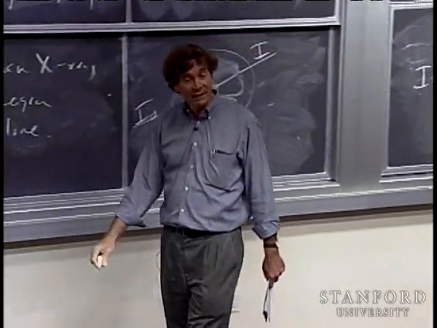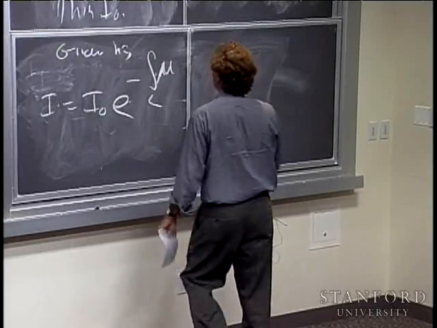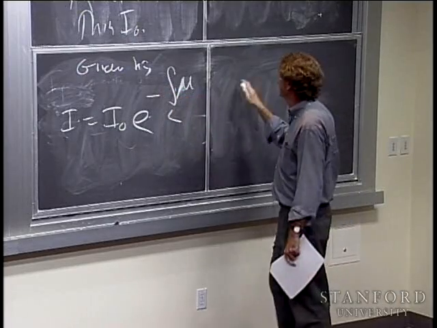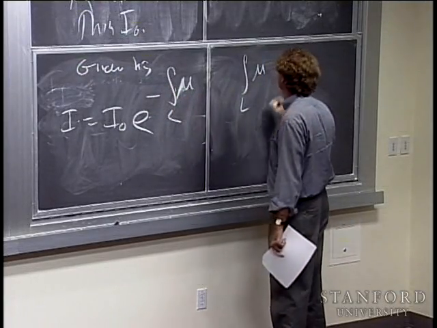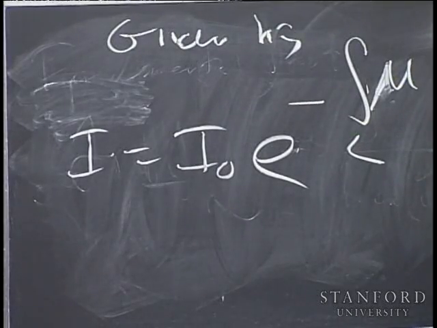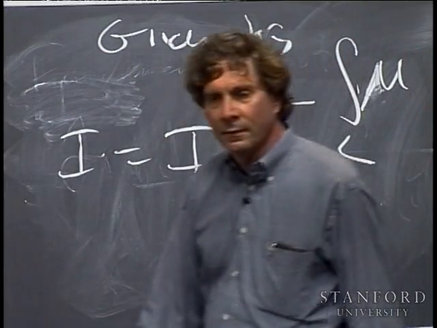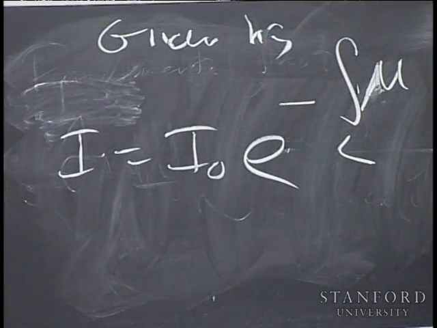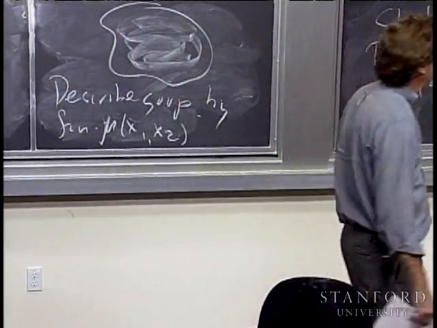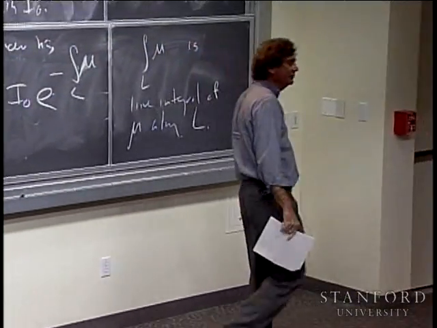Mu is a variable density, but the total drop in intensity is given by e to the minus the integral over L of mu, I'm using a shorthand notation here, the line integral of mu along L. You can sort of think of that as the average density or whatever. There are different ways of making that argument. And I don't want to take the time now to derive that formula for you. But it's actually not that hard to derive, and it's not even that hard to believe.